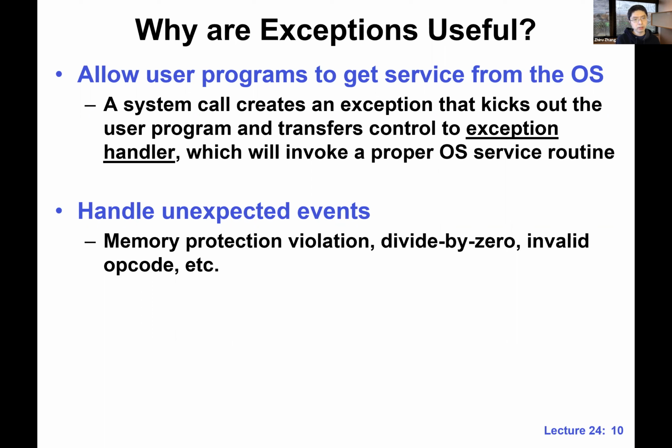The OS can access additional memory space, which the regular program cannot access. It's usually called kernel memory. But in case a user program tries to access the OS memory space, the kernel memory, that will trigger a memory protection violation. And also when one program tries to access the space of another user program, that may also trigger a protection violation.